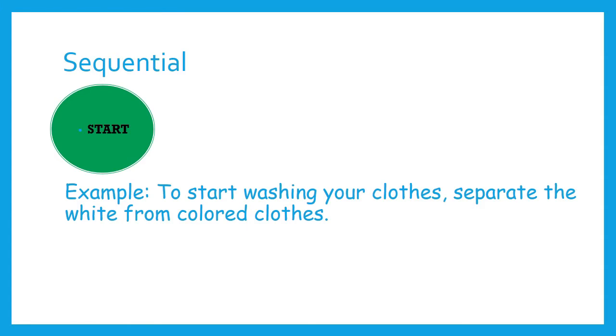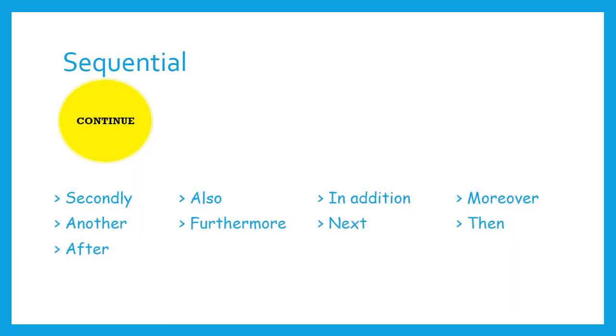Now, to continue the series or sequence, here are the most commonly used transition signals. We have secondly, also, in addition, moreover, another, furthermore, next, then, and after. After you separate the white from colored clothes, what do you do?